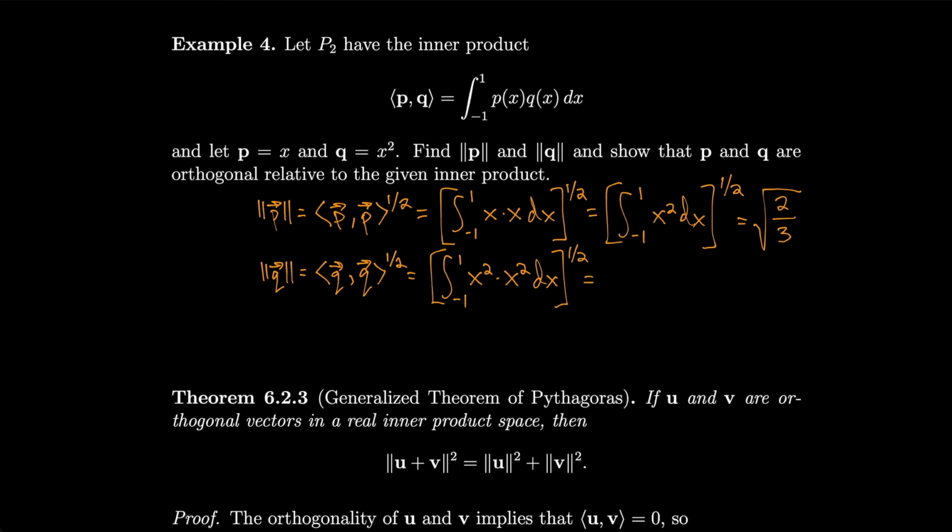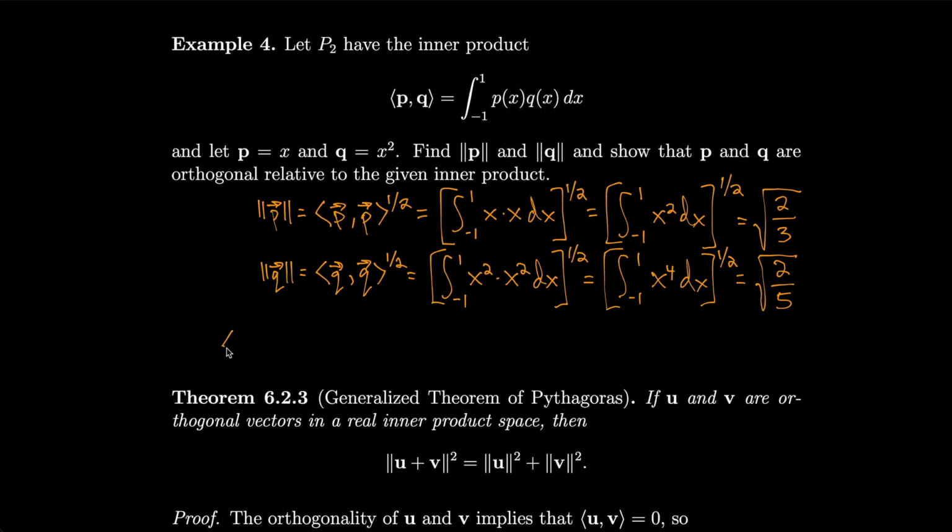And that is equal to the integral from -1 to 1 of x to the 4th dx. We'll raise that to the half, and we get 2/5. Because you get x to the 5th over 5, plug in 1, and then minus -1 plugged in, so 1/5 minus -1/5. In any case, take the square root, get the square root of 2/5.